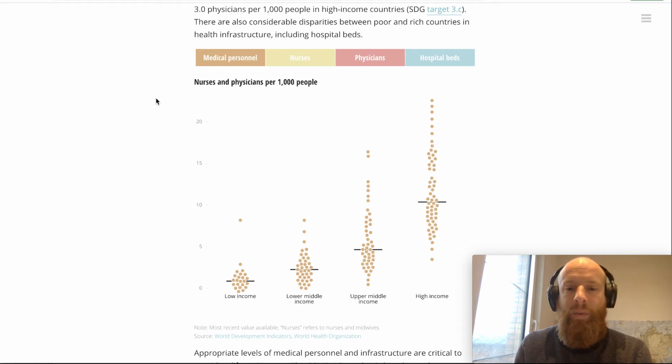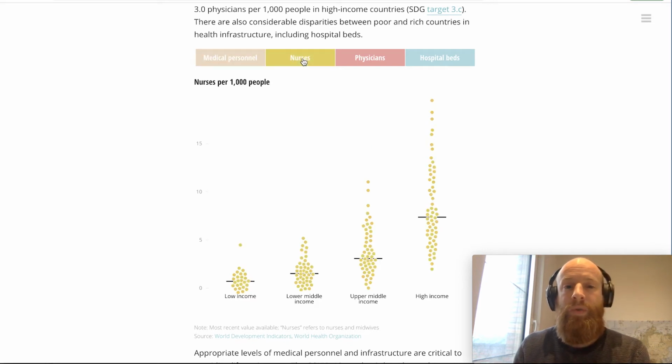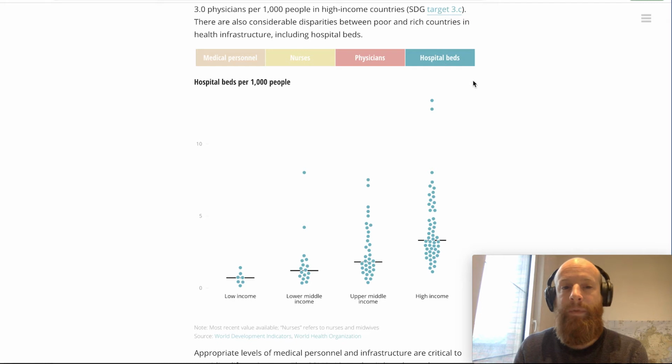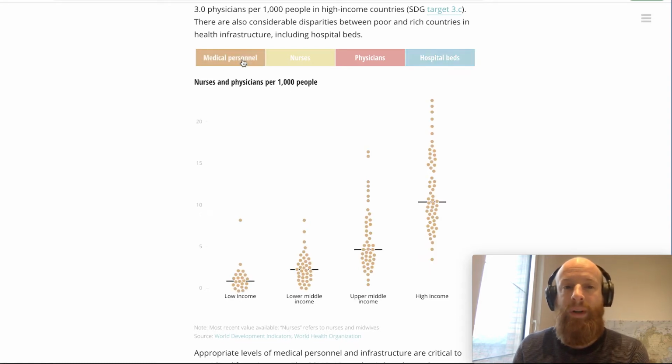I mentioned that we were using as much interactivity as we needed. So you see here these buttons on top, which you can use to show the number of nurses, the number of physicians, or the number of hospital beds for each country. In other circumstances, we probably would have stuck with just medical personnel.